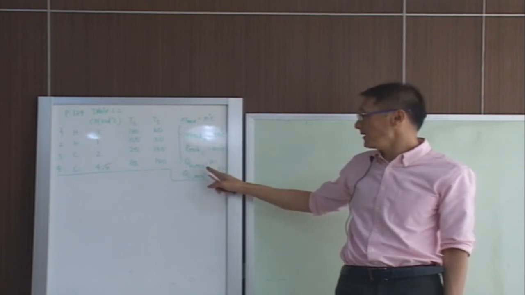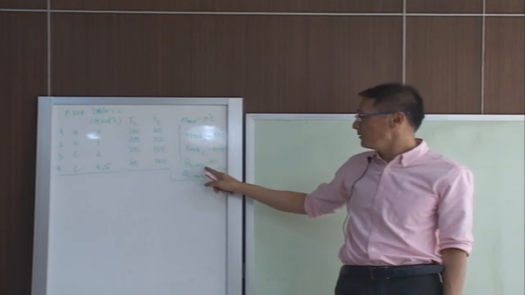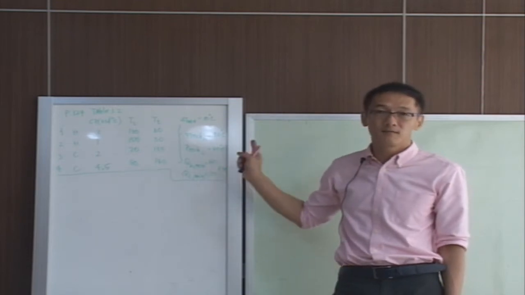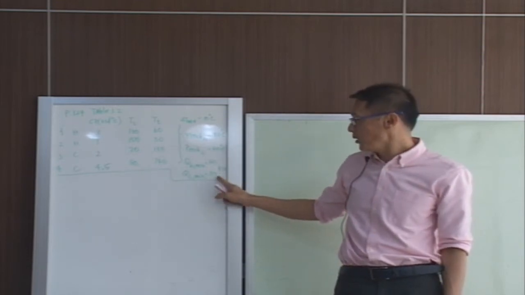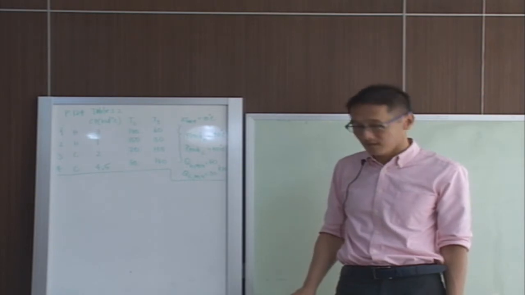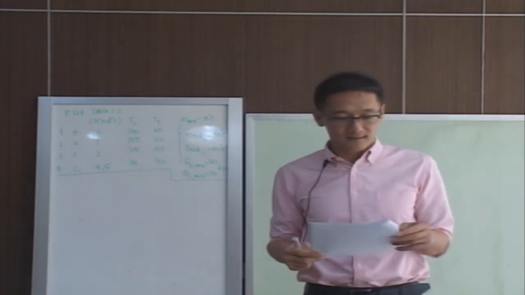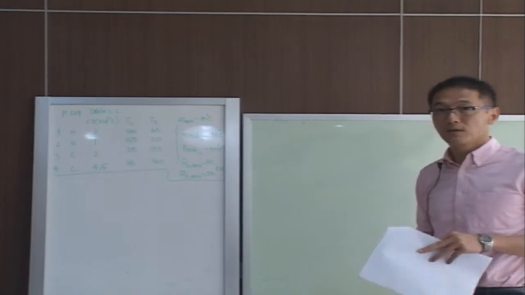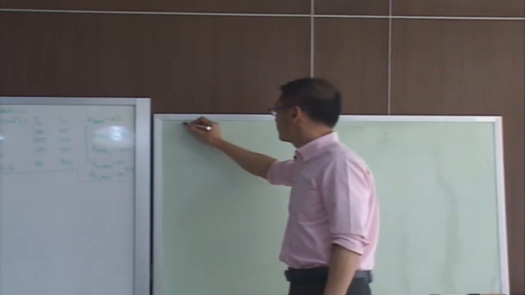In addition, the minimum requirement for hot utility is 50 and the minimum requirement of cold utility is 30 kilowatt. So next, what we need to do is to find out the network.